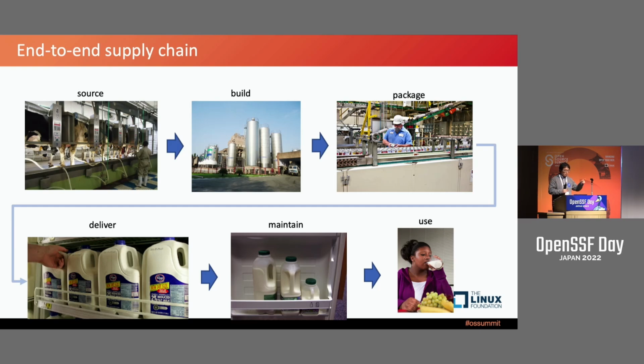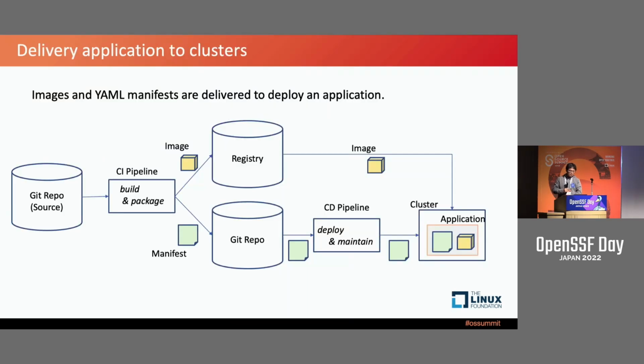So all these paths must be protected. Software is the same. From the Git repo, it's built as a product, its image, but it also produces manifests to deploy the application. Then it comes to the cluster, and the application is deployed on the cluster. So all these delivery paths must be protected.